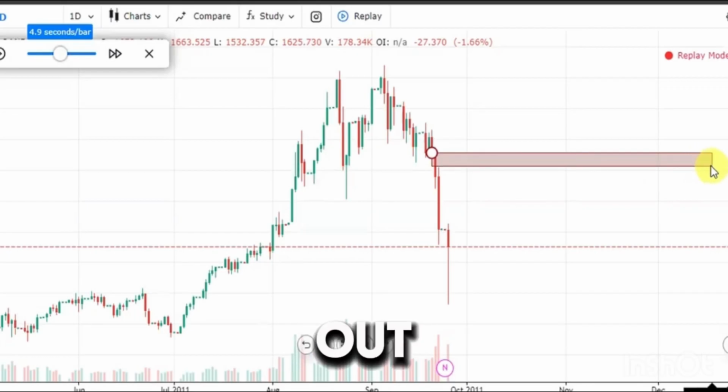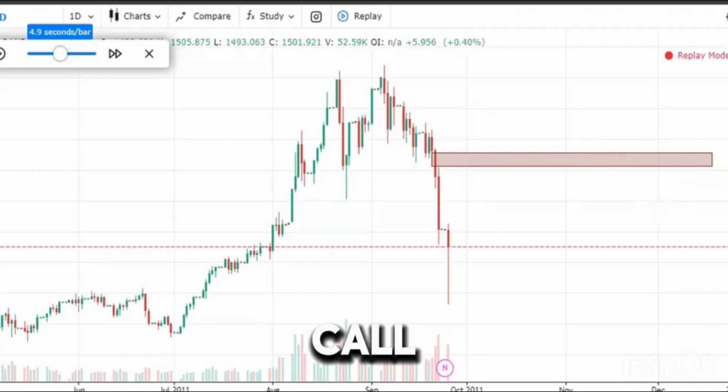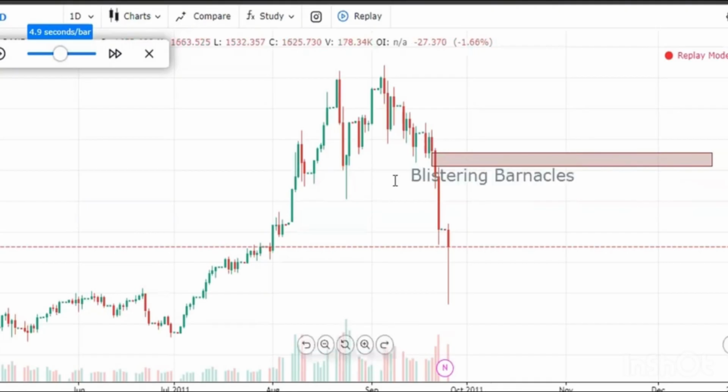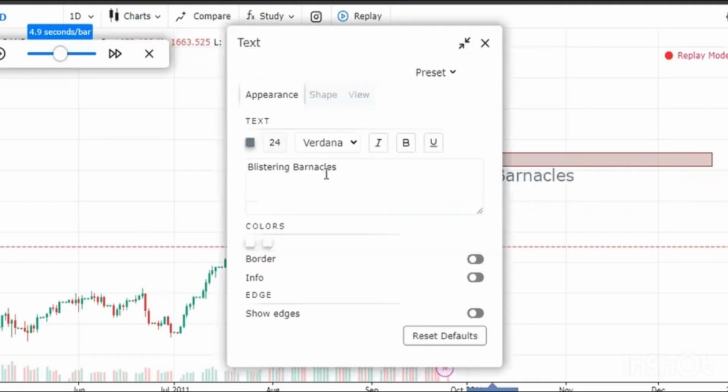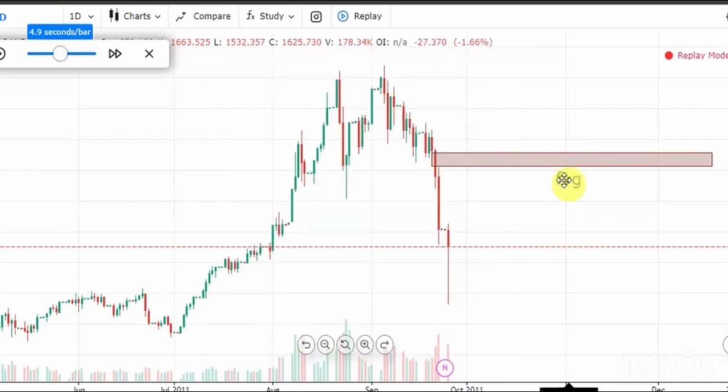I will just mark that out. So that is the fair value gap, and we can call it FVG if you're naming it. So we're just going to add a text to it. And that's just the fair value gap.